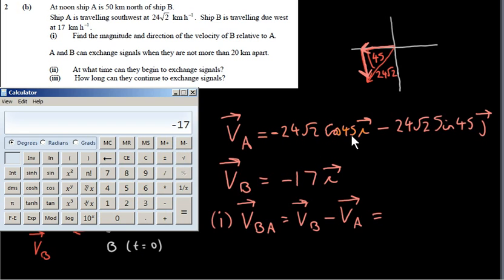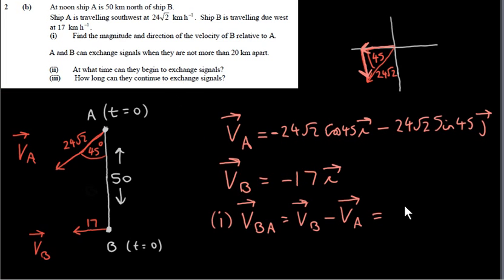So when we subtract this, we have a minus minus, two minuses here, giving a plus 24 times the square root of 2 times the cos of 45 degrees. So we have to work all this out, and it works out to 7. So the I component of VBA is 7I.